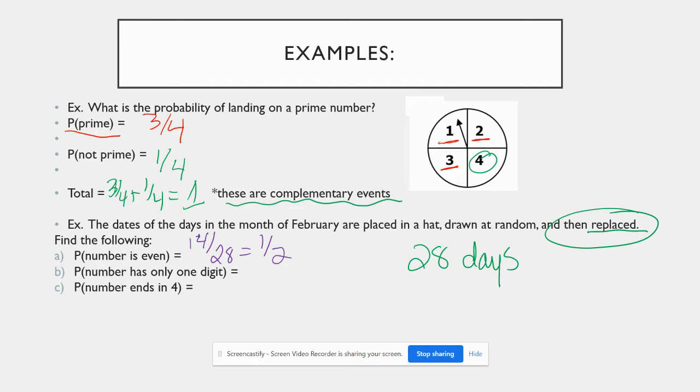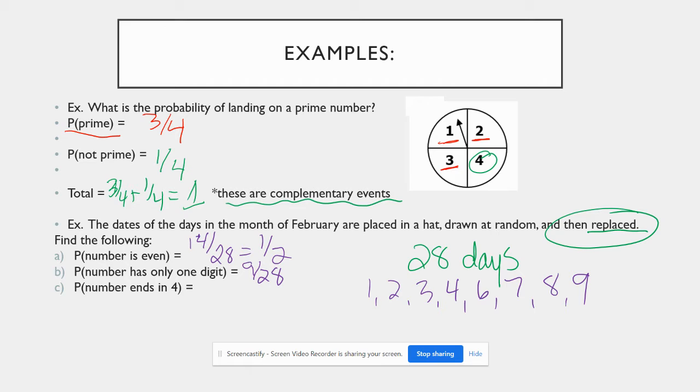The probability that the number only has one digit. So that would be the first, second, third, fourth, fifth, sixth, seventh, 8th, and 9th of February. That's 9 numbers. So 9 days out of 28 days. And we can't reduce that. 9 and 28 don't have any common factors that we can simplify from.